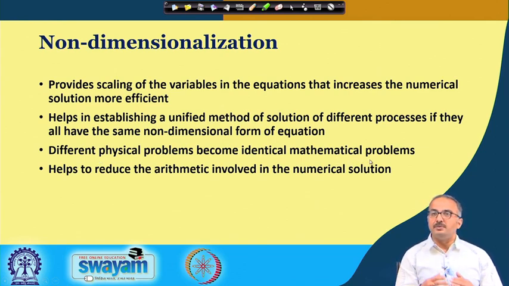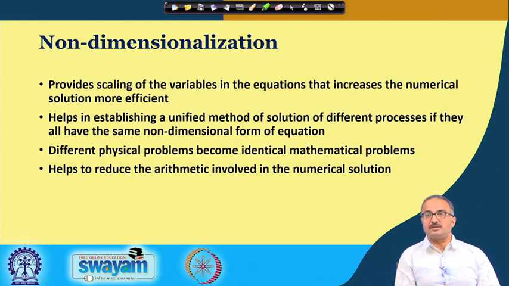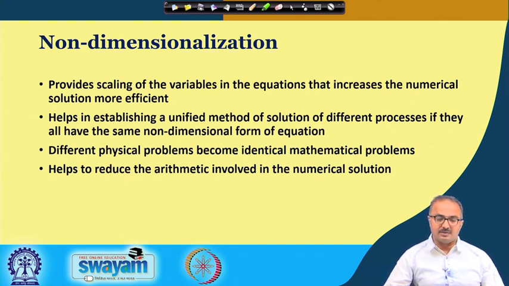So we are able to reduce apparently different types of physical problems into similar types of mathematical problems, and this way we are able to reduce the arithmetic involved in the numerical solution. It means that suppose you solve some momentum balance equations, and under a similar situation you have mass transfer or heat transfer, you will find the form of the equations remains the same.